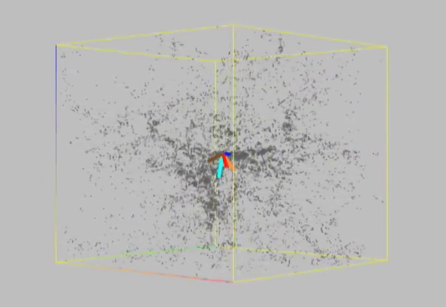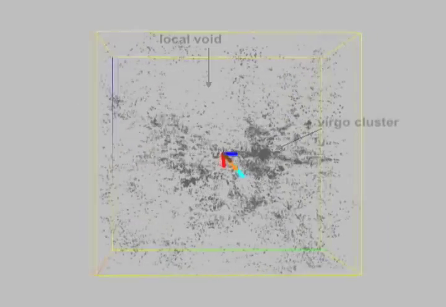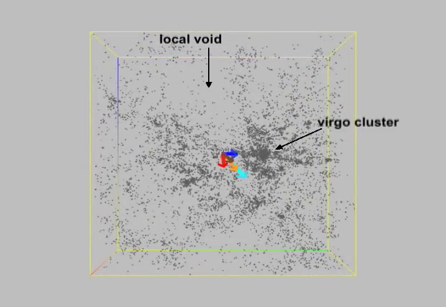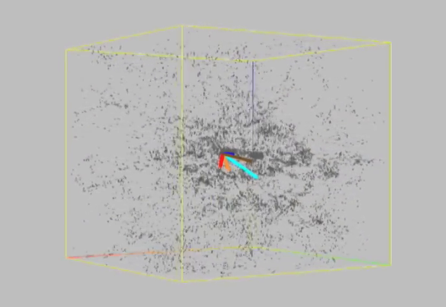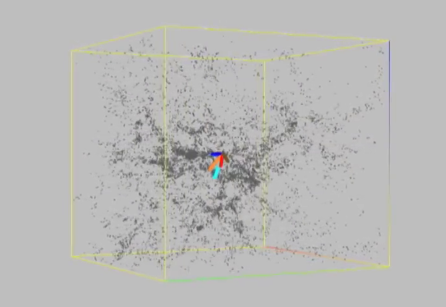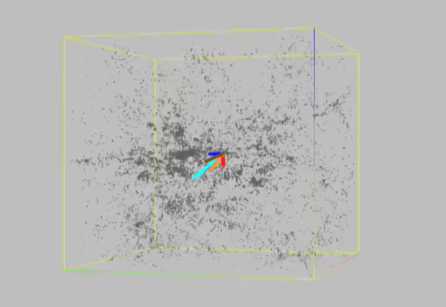As before, the orange vector represents our motion with respect to galaxies within 3,000 kilometers per second, and the blue and red vectors are the decomposition of the orange vector into components toward the Virgo cluster and away from the local void.